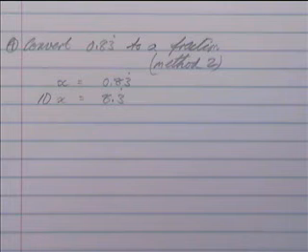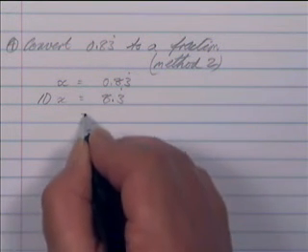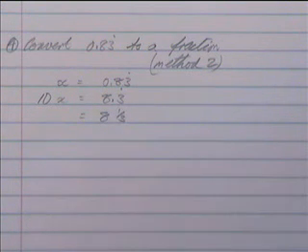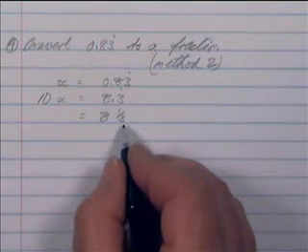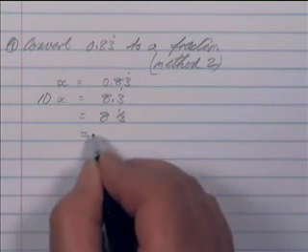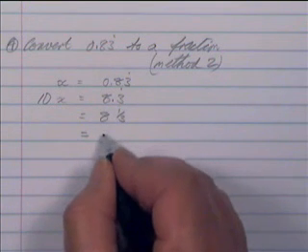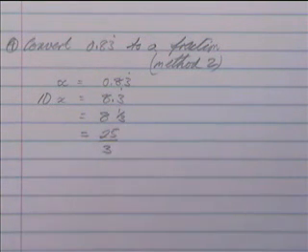Now then, I can say, oh, well I know what the 0.3 recurring is, so that's equal to 8 and 1/3. Now that's a mixed number. I want it as a fraction, so I'm going to say that, okay, 8 and 1/3, convert it to thirds, is going to give me 25 over 3.